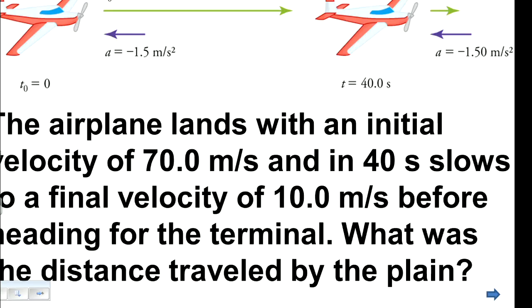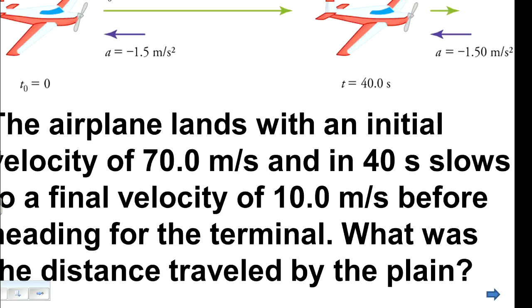Next example. Very similar. So please read, try to visualize. Why is it very similar? Because it's slowing down. But the only difference is now it doesn't stop. So the strategy is supposed to be exactly the same.